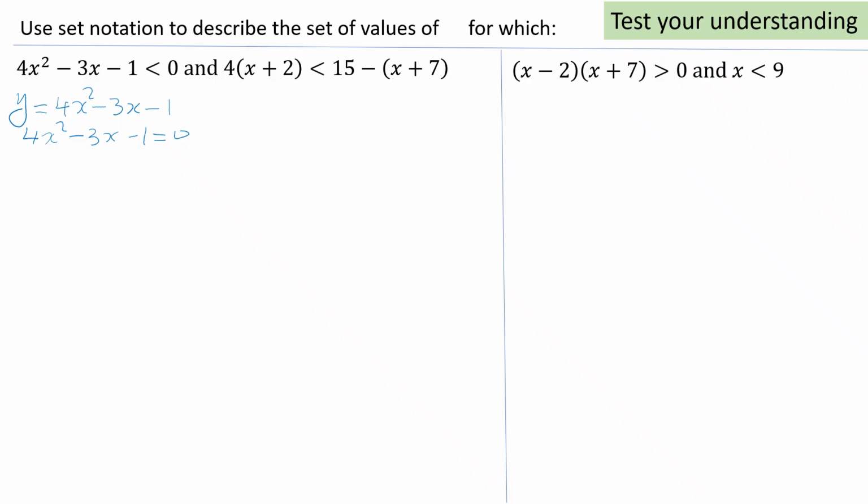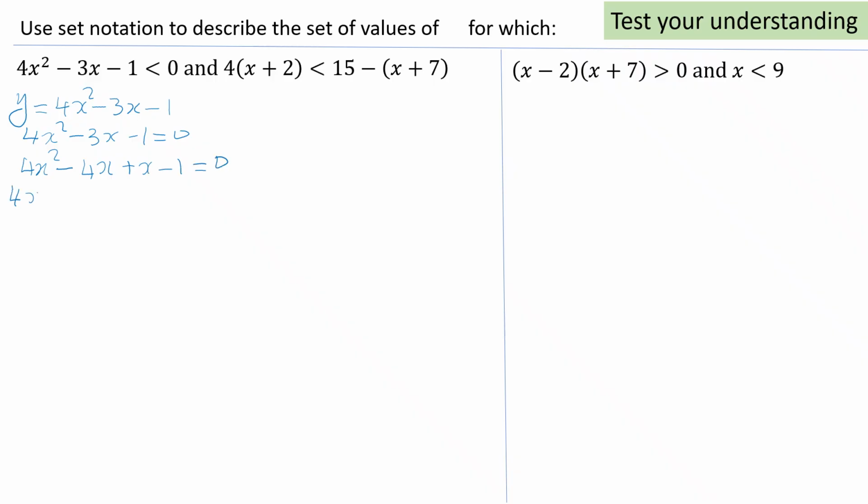So if you multiply to get minus 4, and add to get minus 3, we have 4x squared minus 4x plus x minus 1 equals 0.